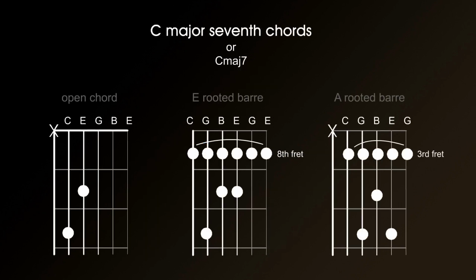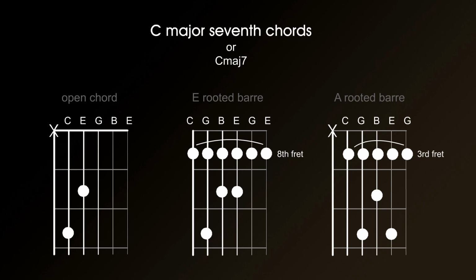An important takeaway from this lesson, and a reminder of previous theory lessons, is that whatever shape the chord is, as long as it's got these notes in it, it's still a C major seventh chord. So you can have a C major seventh chord that's a completely different shape, but as long as it's got these notes in it, it's still a C major seventh.